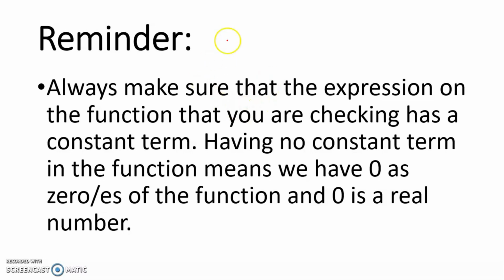For example, f of x is equal to x cubed minus x. In this particular function, there's no constant term. If we try to factor this, it is x times x squared minus 1. The factor x means that there is a zero that is equal to 0.